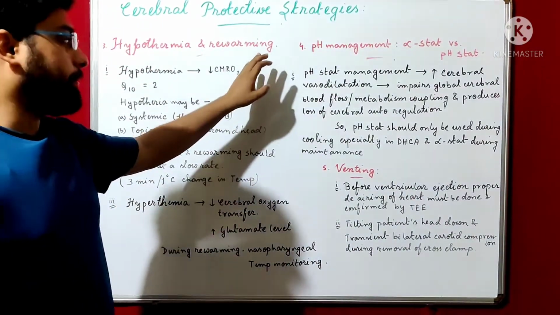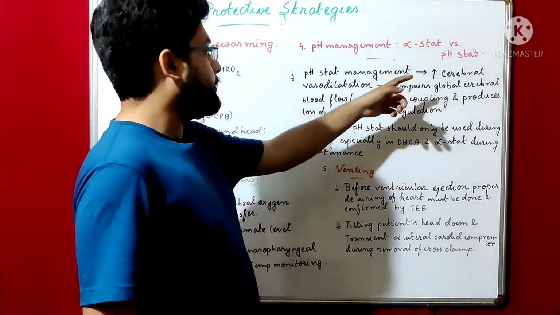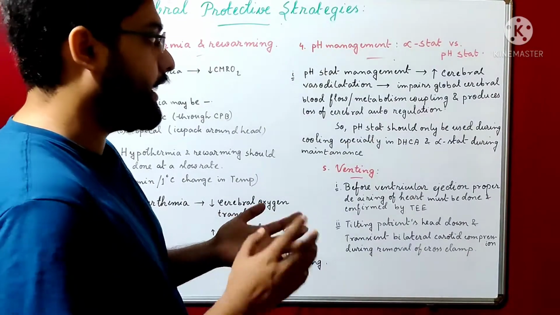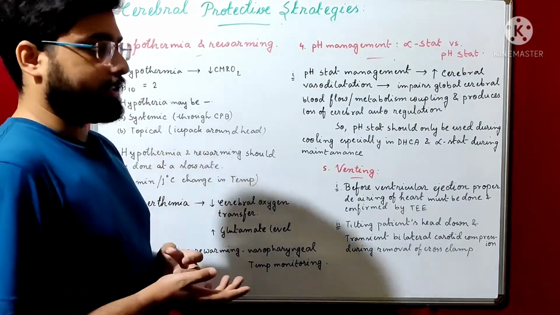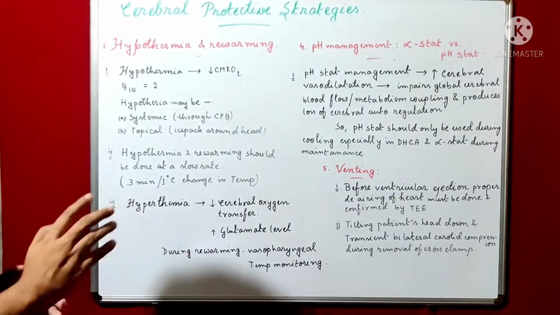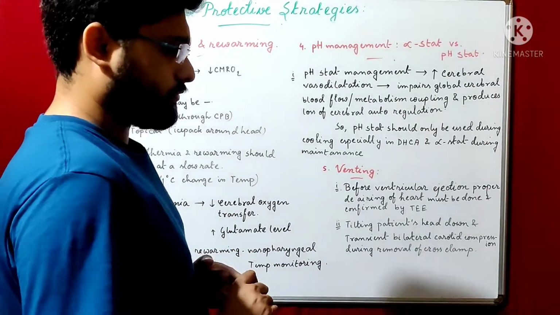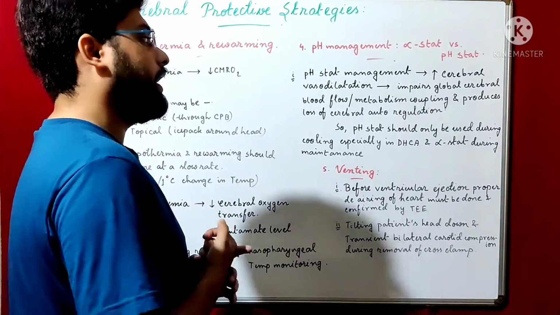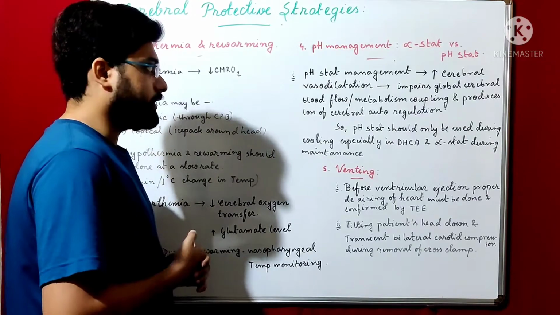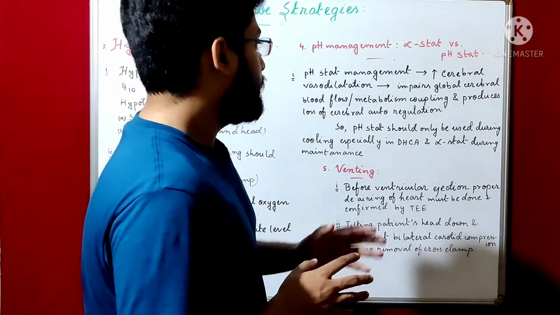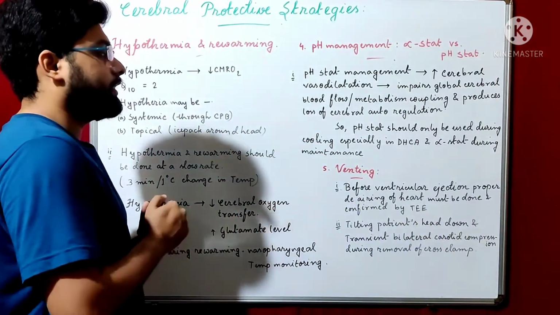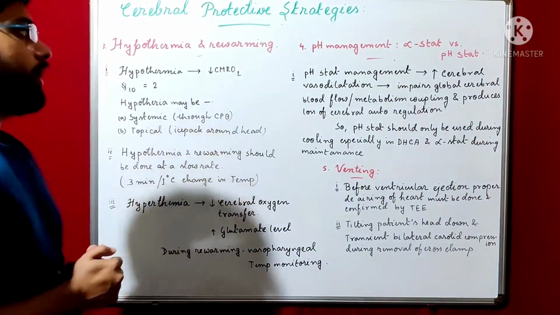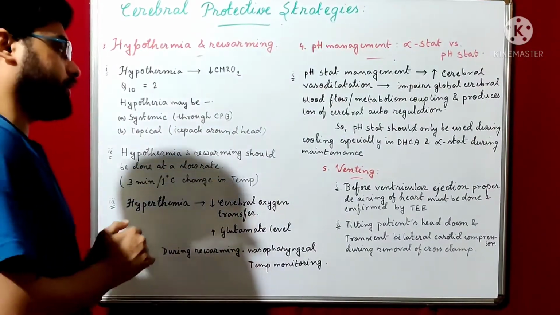So if pH stat strategy is followed, then there will be cerebral vasodilatation, and if the cerebral vessels are dilated, then cerebral autoregulation, that is, cerebral blood flow maintained though there is a fall in mean arterial pressure, down to 55 mmHg, which I have discussed, that mechanism will be lost. There will be impaired global cerebral blood flow and metabolism coupling, and loss of cerebral autoregulation.